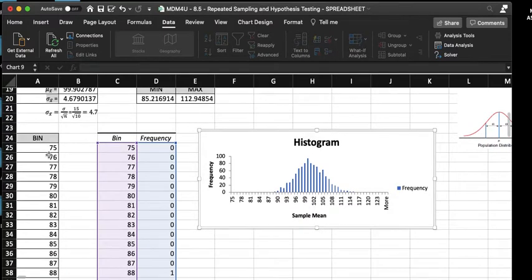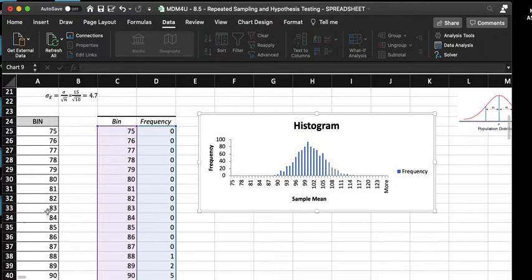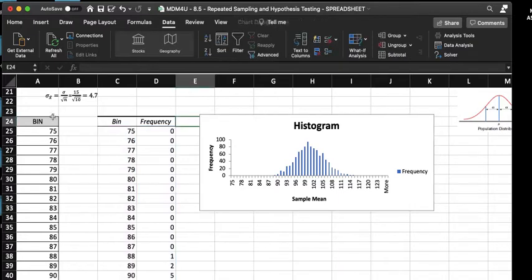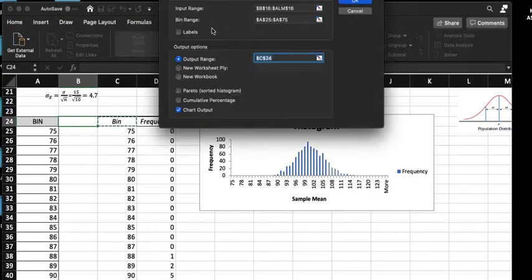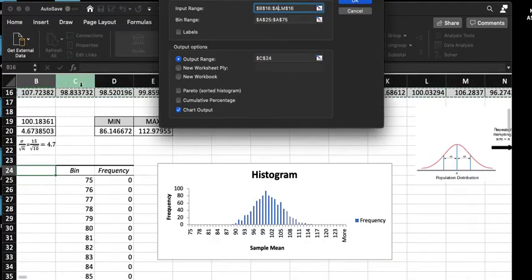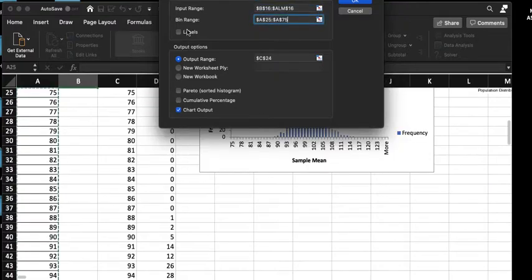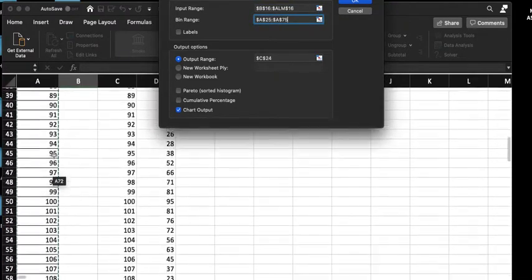So I selected those bins and used the data analysis tool. Data analysis, histogram. I'm selecting the input range, all of those sample means, and the bin range is all of the ones that I've selected all the way up to 125.